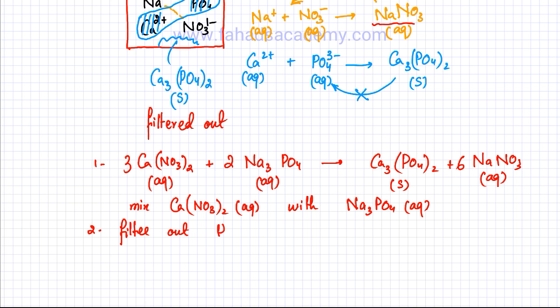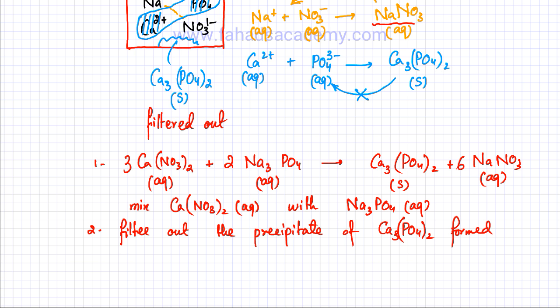Once you've mixed them, the second part is you will filter out the precipitate of Ca3(PO4)2 formed. So you're going to filter this precipitate out, and once you have removed this calcium phosphate precipitate, because it's an insoluble precipitate, you're going to wash it with distilled water.